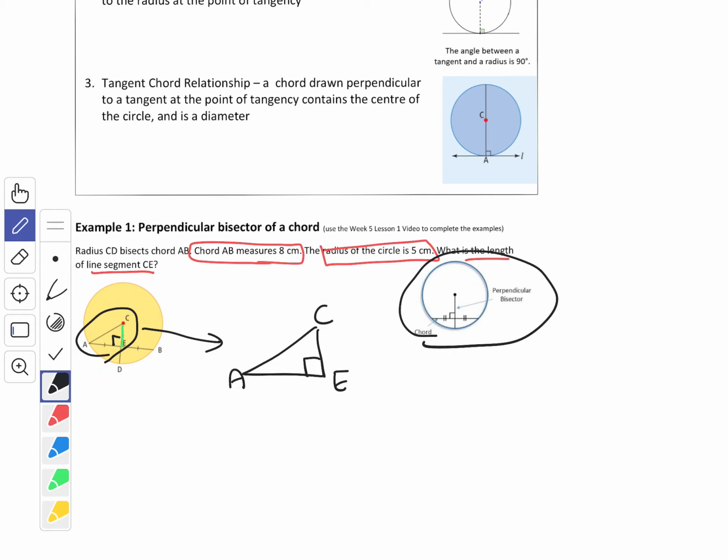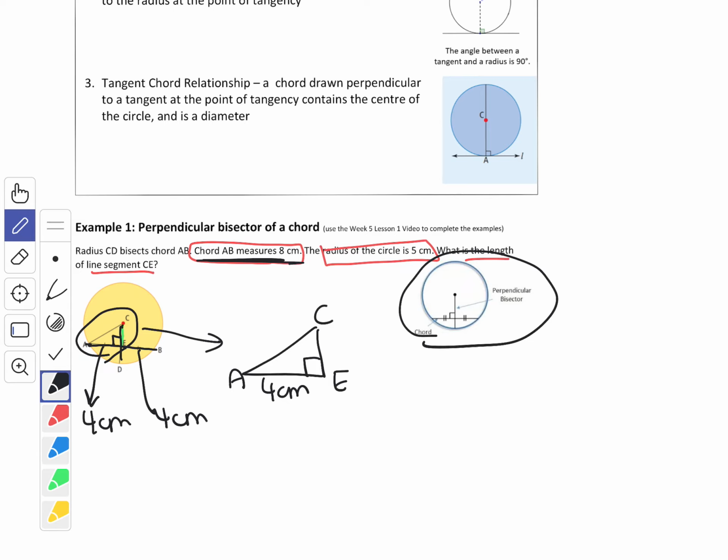We can draw it out here, where we have C, E, and A. Let's use the information to fill out what we know already. If chord AB measures 8 centimeters, if this whole thing is 8 and you cut it in half, A to E is going to be 4 centimeters. This side is going to be 4 centimeters, and this side is going to be 4 centimeters, totaling a sum of 8.